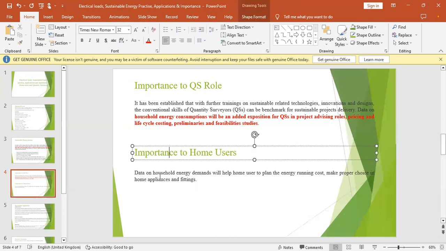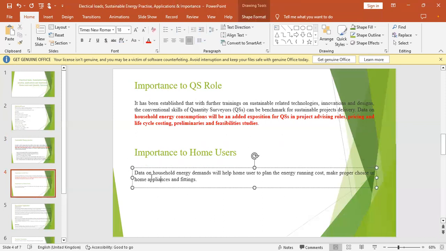So home users, this discussion on energy saving, energy consumption, data on it will assist the household home users to be able to make proper planning on the energy running costs and the choice of home appliances and fittings.